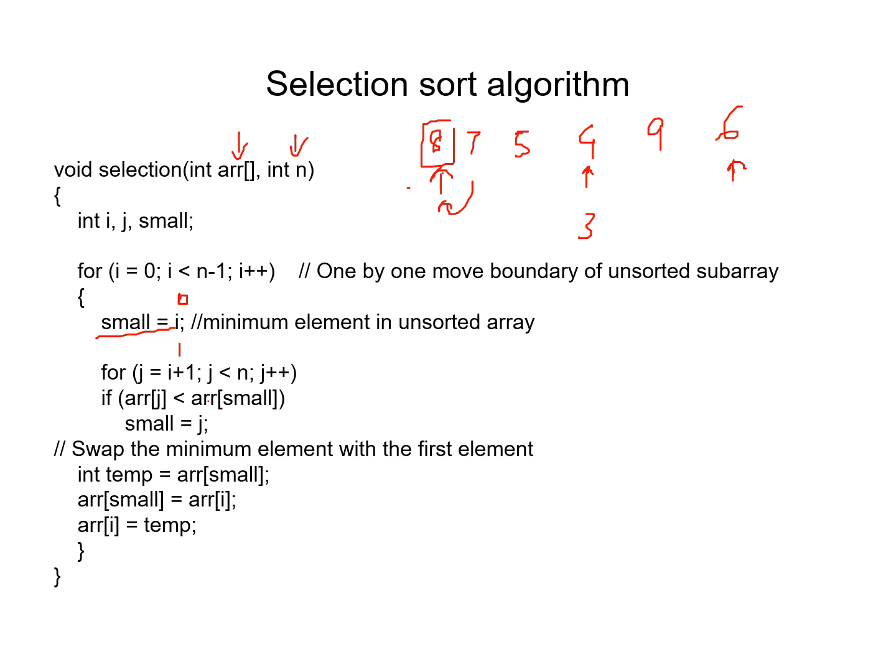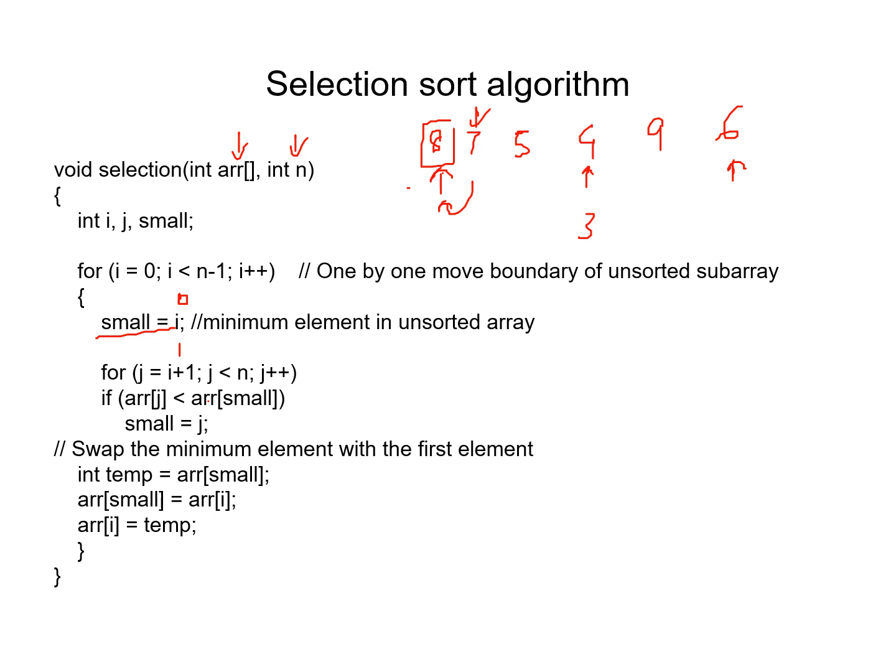In the first case the value of I is 0, so it will be swapped with 0. In the next loop the value of I will be 1, so this value will be swapped with the minimum value. Like this it will go up to the number of elements minus 1 times.